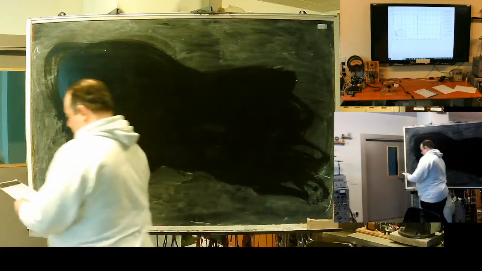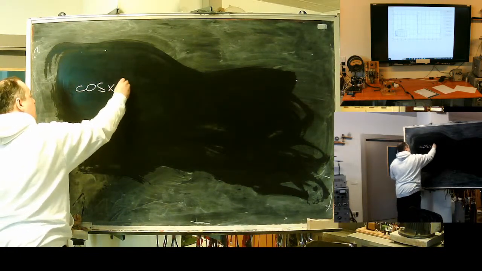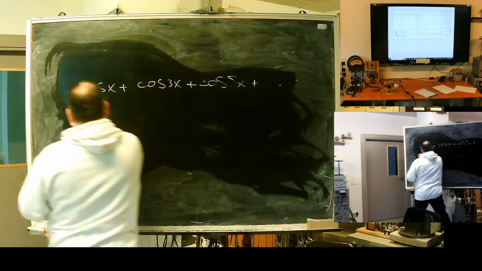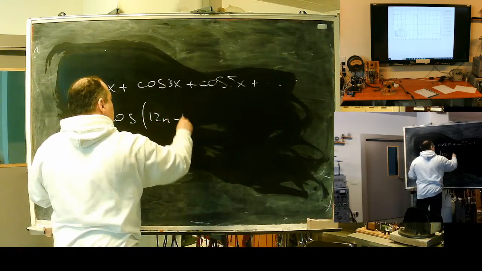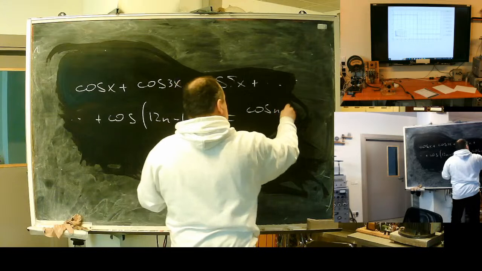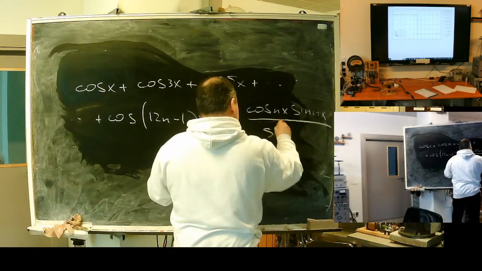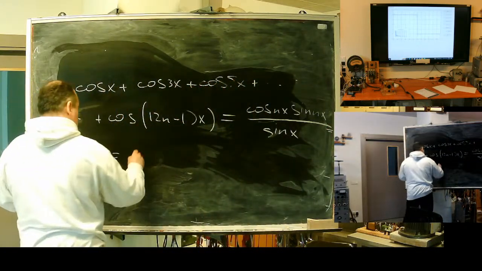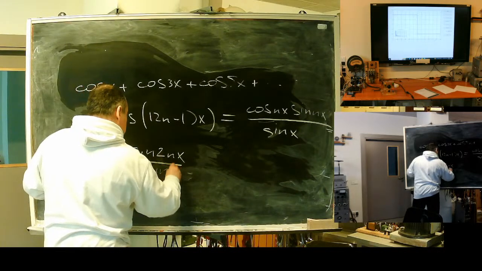Now, what will we get? Now we can write cosine x plus cosine 3x plus cosine 5x plus and so on, up to cosine (2m minus 1)x, equals cosine(mx) times sine(mx) divided by sine x, which is equal to sine(2mx) divided by 2 sine x.